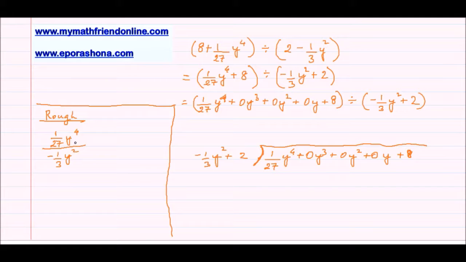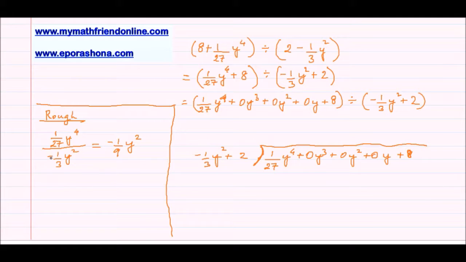It is basically a monomial division, dividing a monomial by another monomial, and we all know how to perform a monomial division. So the result of this division will be minus 1 by 9 into y square.